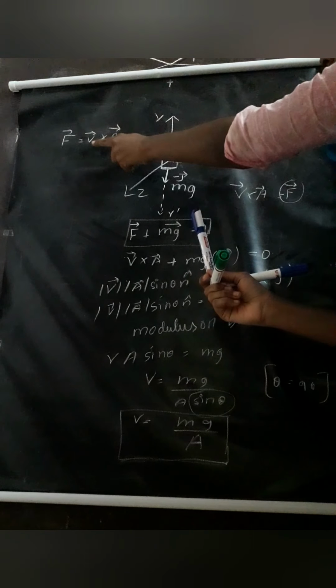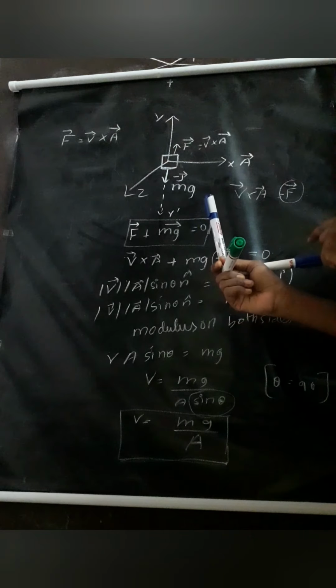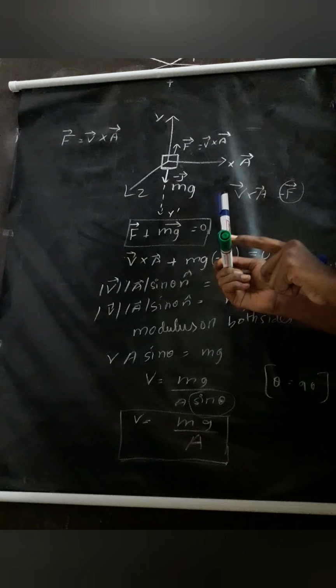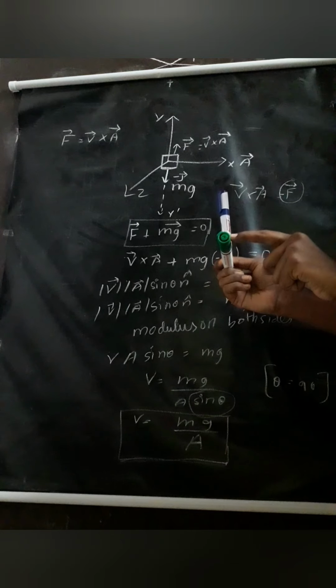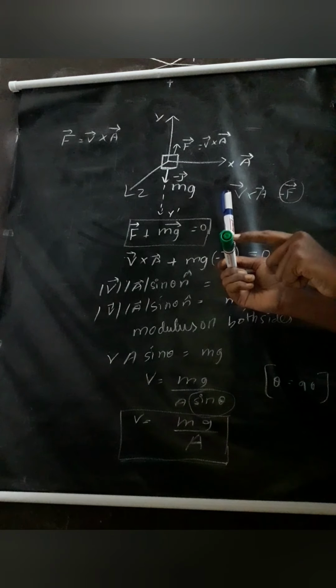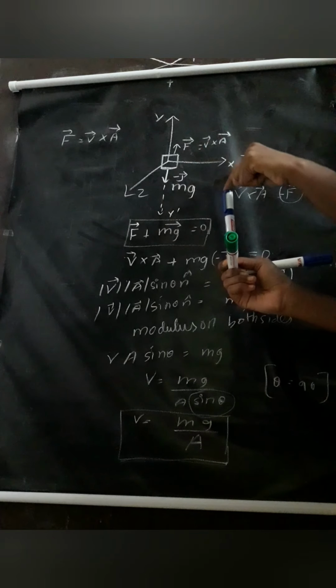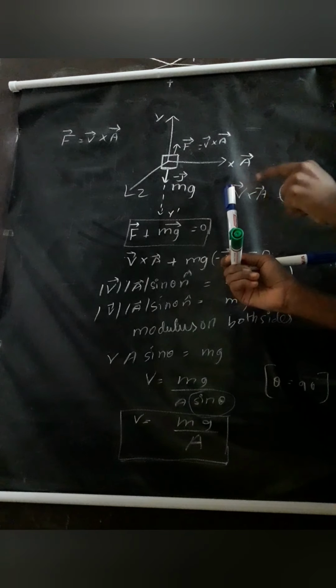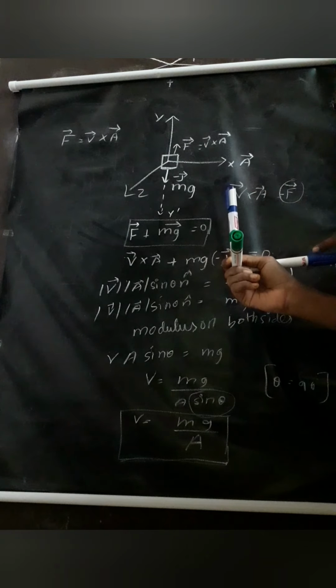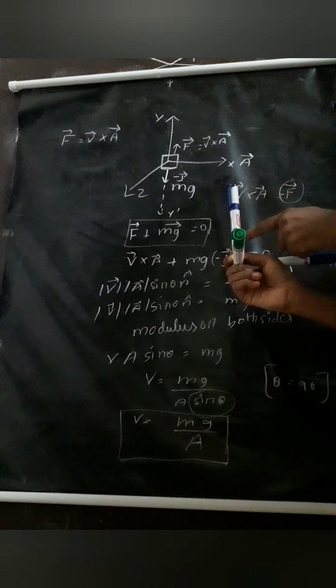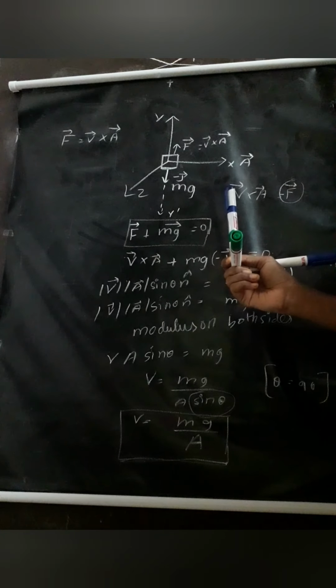Here the two vectors are V vector and A vector. A vector is along the x axis and V vector we have found to be along the z axis. So the resultant F vector, which we assumed to be along the y axis, is correct, because this F vector is perpendicular to the x axis and also perpendicular to the velocity vector.